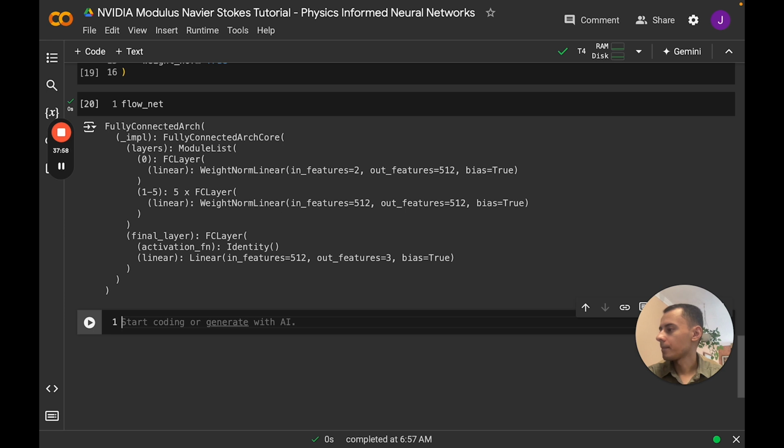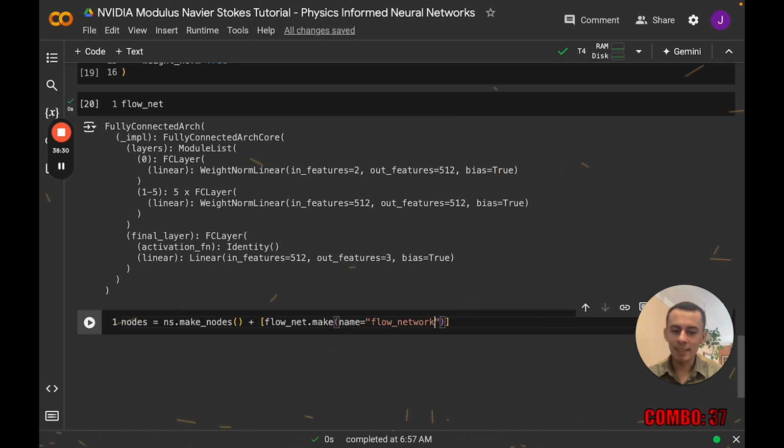Beautiful. Awesome. Now the next step is to make sure we have the whole set of nodes in our problem. So we make the nodes out of the partial differential equation model we have, and the nodes of the neural network model we are defining.